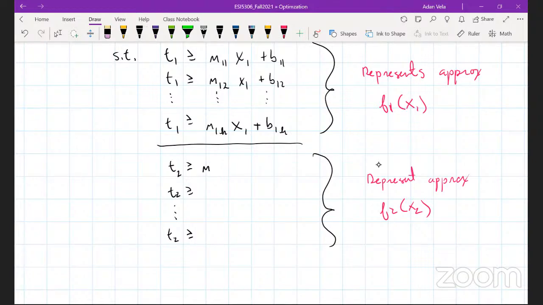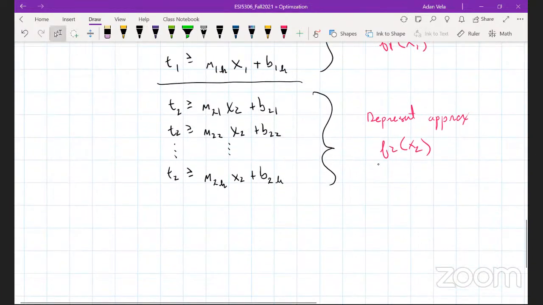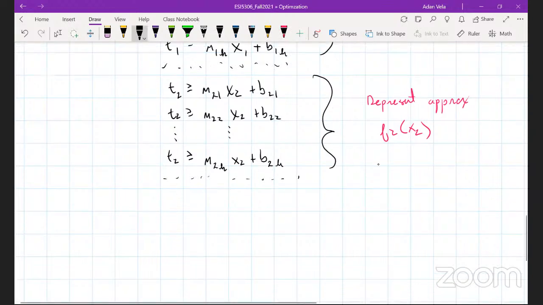So now we have m21 x2 plus b21, m22 times x2 plus b22. Now we have a set of constraints to approximate our second separable function.